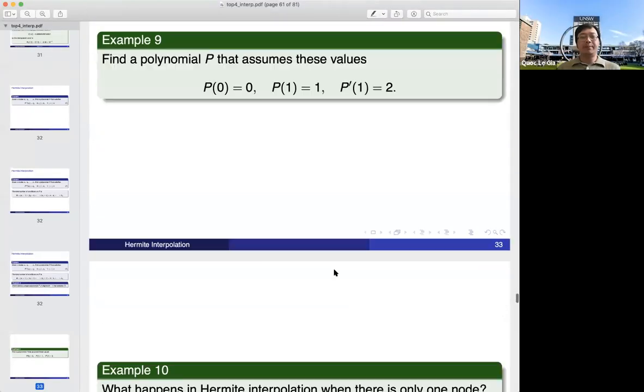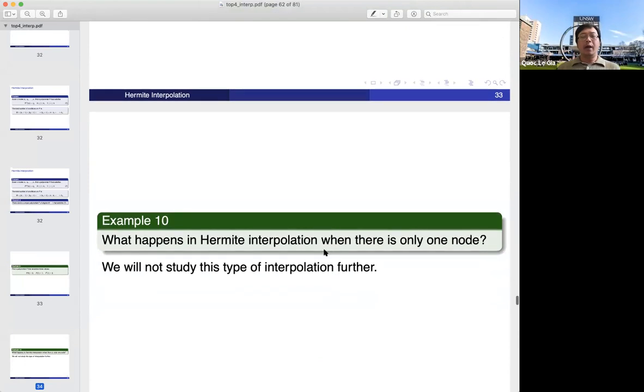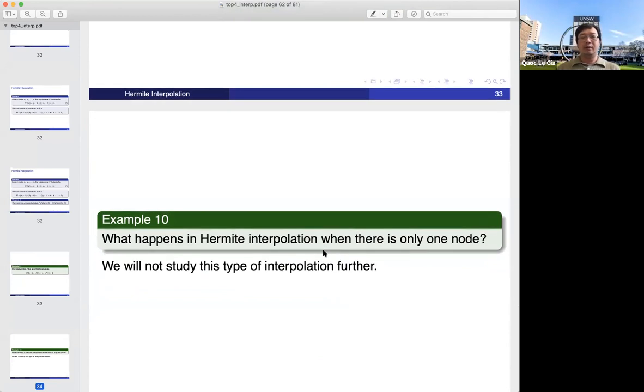So we will stop this topic, at least for now. But you see, now there's a special case when you have only one point. So what does it mean?